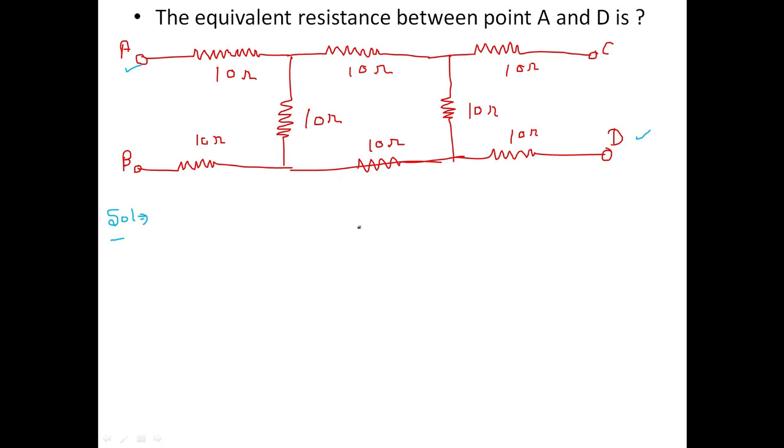So let us suppose we have to calculate an equivalent resistance so that we can reach this particular point D in the minimum possible way. So how can we do this?